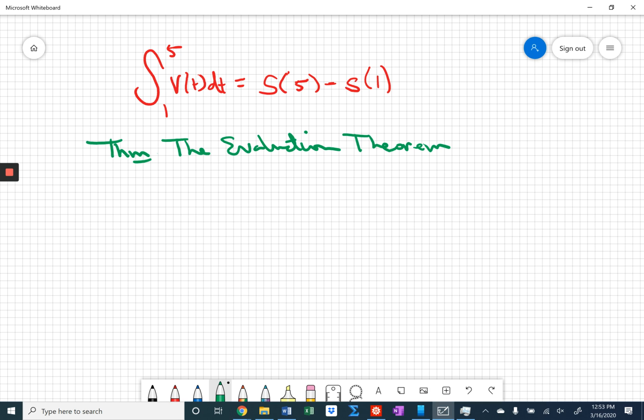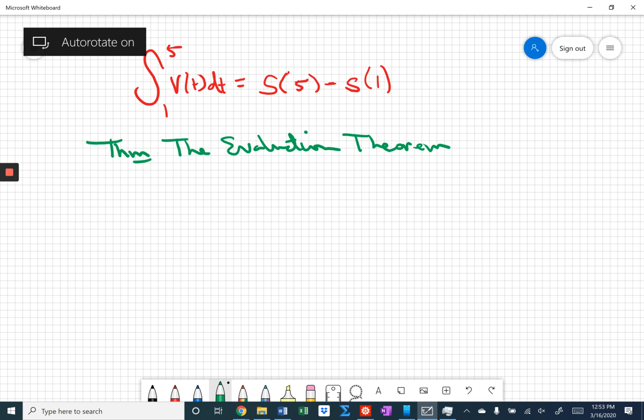But nonetheless, we're going to call this in section 5.3 the evaluation theorem, but we are going to change the name of it in section 5.4. That's just the way the book does it, and I am following that pattern here. Okay, so the evaluation theorem says, and this is going to help us evaluate definite integrals without having to do any geometry.